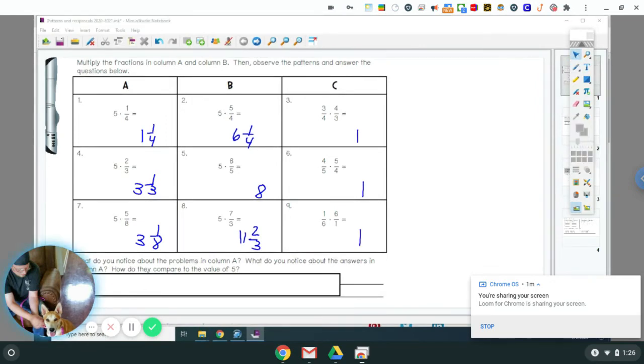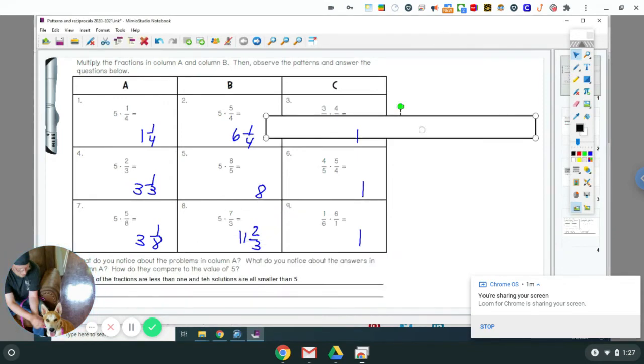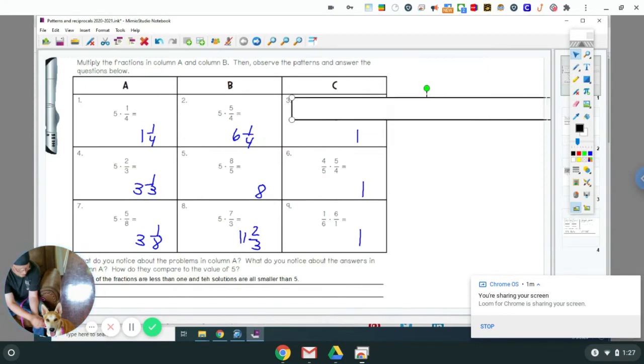So there's a pattern. It says, what do you notice in the problems in column A? Column A is 1, 4, 7. What you noticed is we multiplied by 5, but the number that's being multiplied by 5 is less than 1. Since it's less than 1, all the answers are going to be smaller.